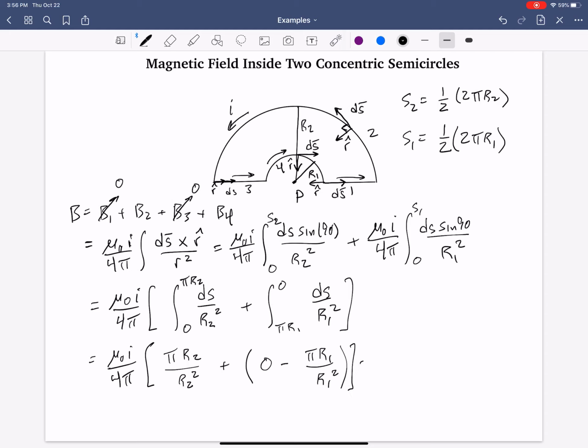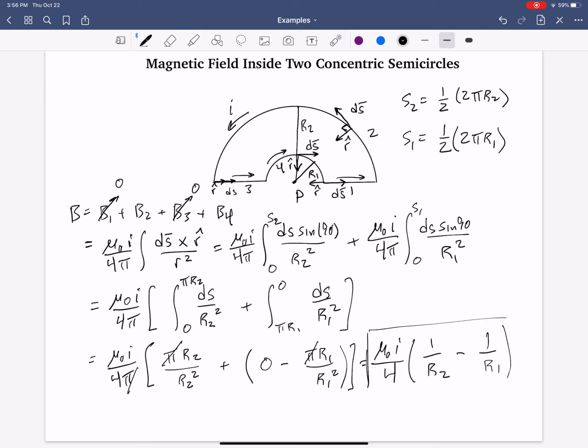Okay. Notice a factor of pi cancels out. We have mu naught over 4 times 1 over r2 minus 1 over r1. And this is our answer, right?